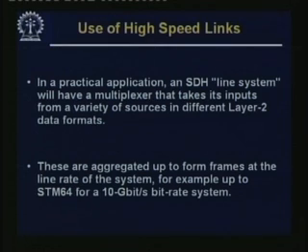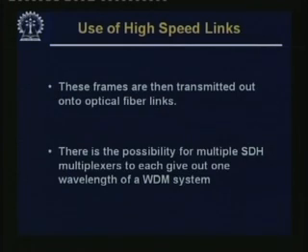These are aggregated up to form frames at the line rate of the system, for example up to STM64 for a 10 gigabits per second system. Now, these frames at 10 gigabits per second, you cannot pump them anywhere, it is very difficult to pump them on copper. So, these frames are then transmitted out onto optical fiber links.